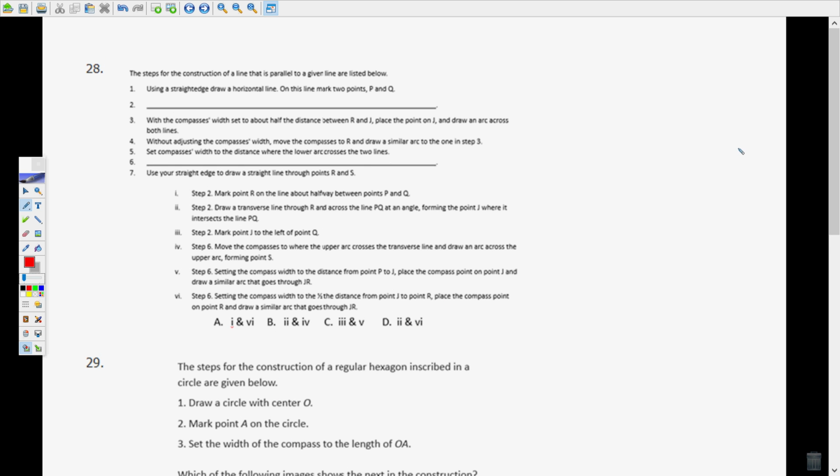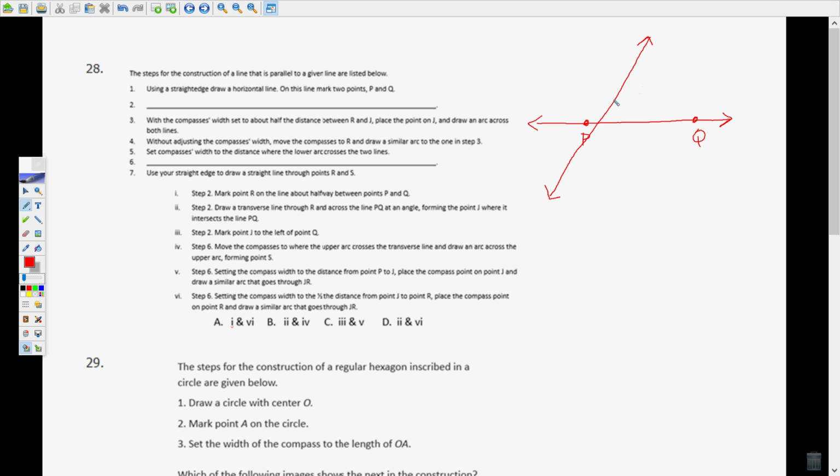The steps for the construction of a line that is parallel to a given line are listed below. Let me just go through those steps with you, and you can follow along. If you have a line, it says to name it PQ. In order to construct a line parallel to that line, first you'll want to draw a transversal line, and then you can call the point of intersection.